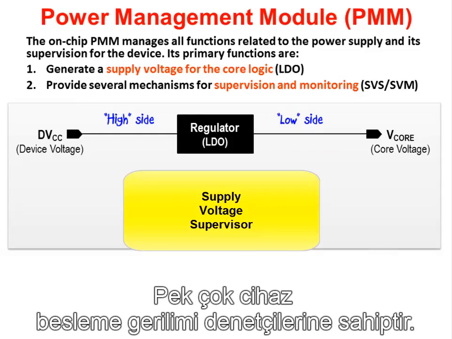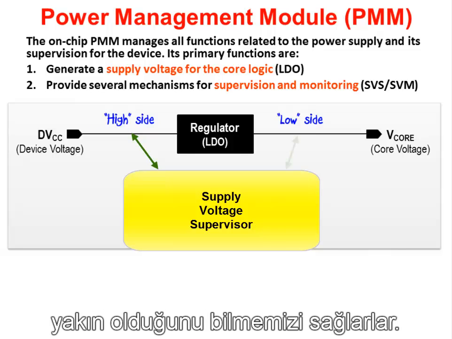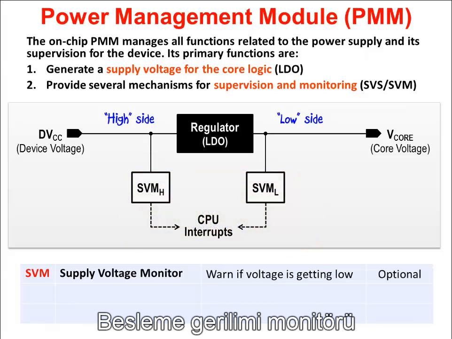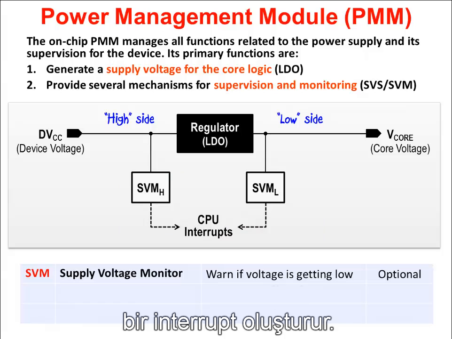Many devices have supply voltage supervisors. These supervisors can let us know when either the high side or the low side are coming close to being out of range. So the supply voltage monitor will generate an interrupt when those supply voltages are getting close to being out of range.